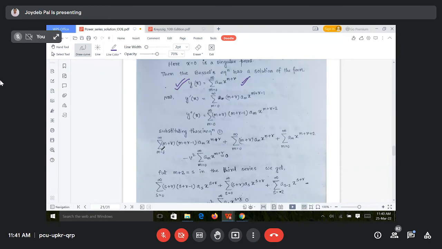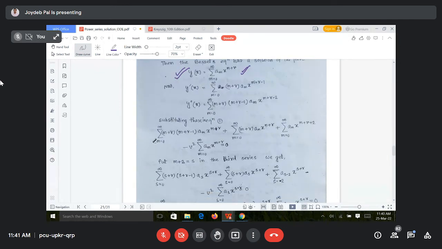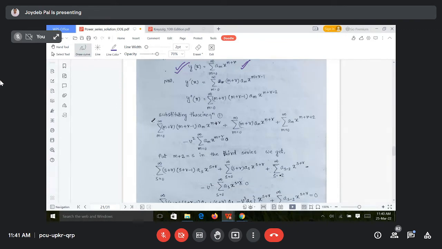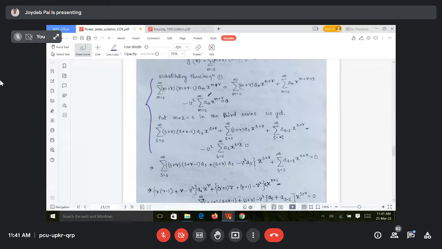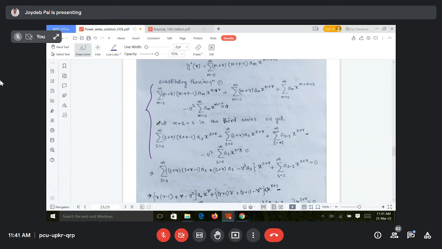Then we substitute y dash, y double dash. I'm not discussing that solution procedure again, because if I show it, it will take a whole class to solve this equation. So I think you can do it, right? That solution technique is similar to Frobenius method.